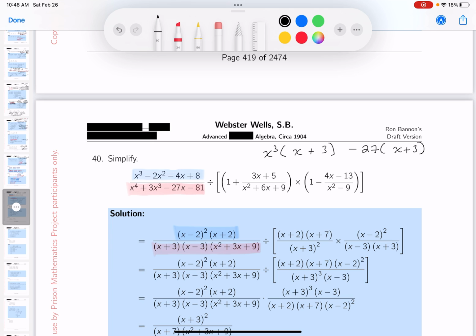So I'm seeing something now. I'm seeing x plus 3, and then I see x cubed minus 27. Well, that looks recognizable. It's a difference of cubes. You get x squared plus, not plus. I made a mistake already.